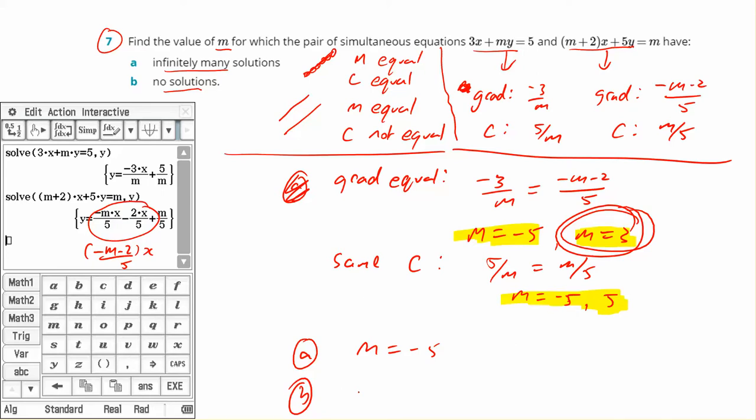So hopefully that clears up your understanding of this type of question. It is a bit complicated and does involve a lot of steps, but like with anything, you just have to think carefully about what you're trying to achieve here. So, analyzing our m values.